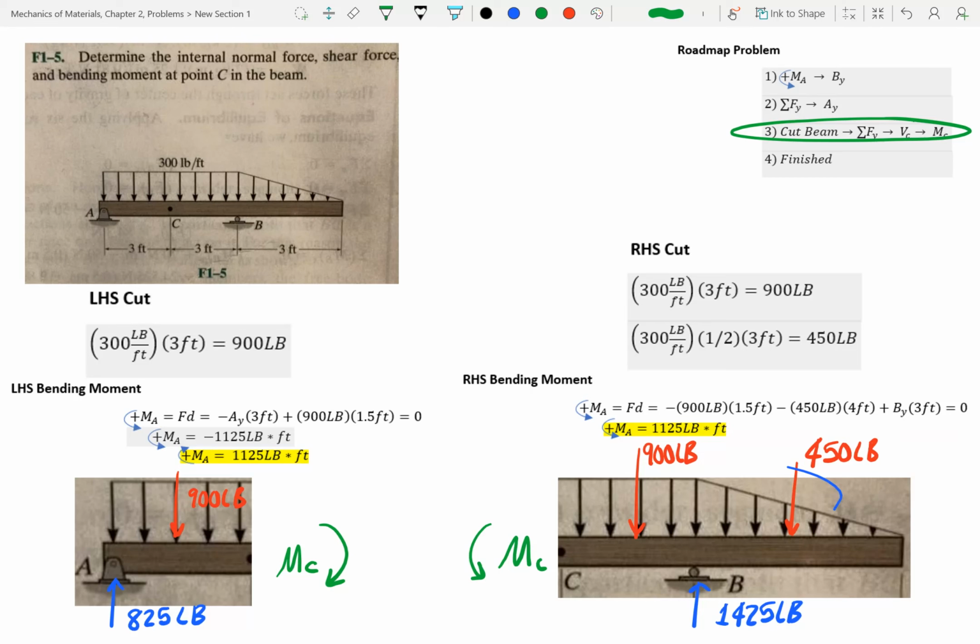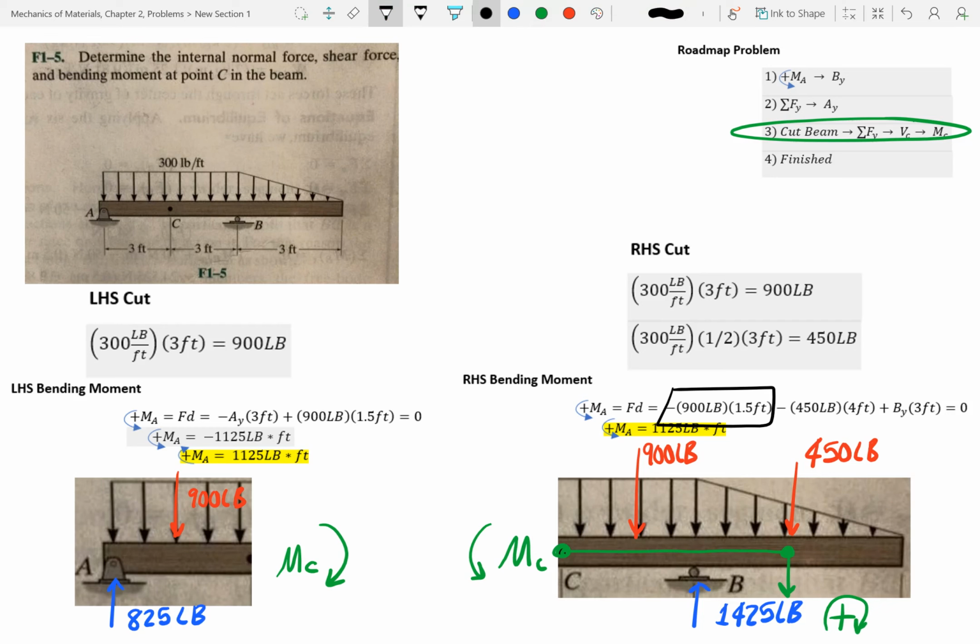I'll go and take the moment here. So I'll go like this. Okay, and as you can see, this right here is the opposite direction of this. So we're going to go ahead and put a negative in here. So that this moment is going in this direction.